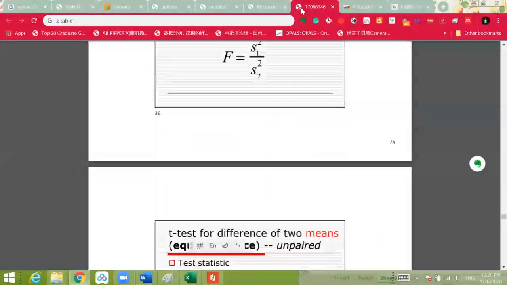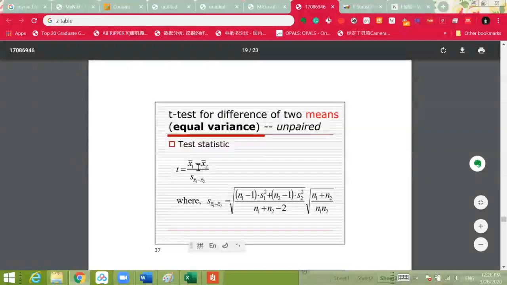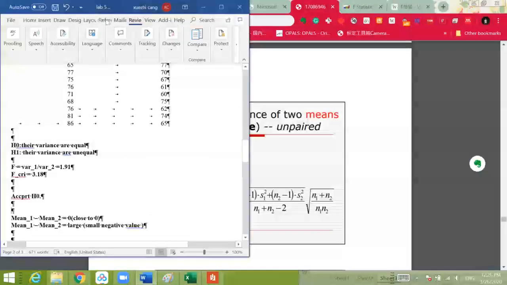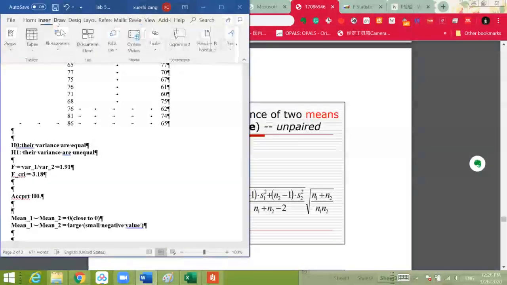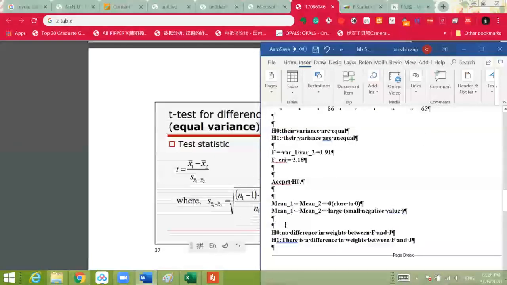Okay, let's go back to the slides. We should take advantage of this equation here. Let's write this equation in the answer sheet. Okay, nice.